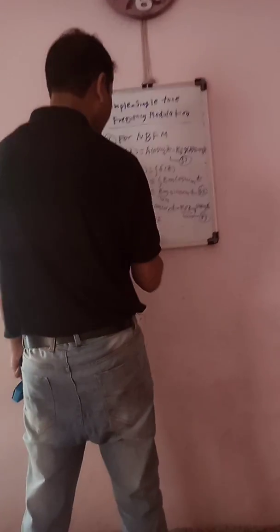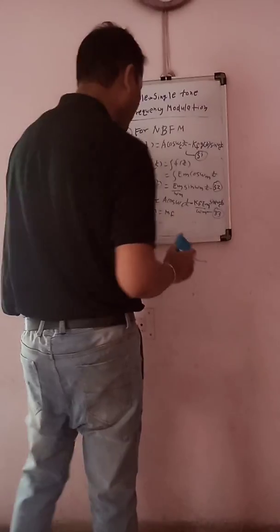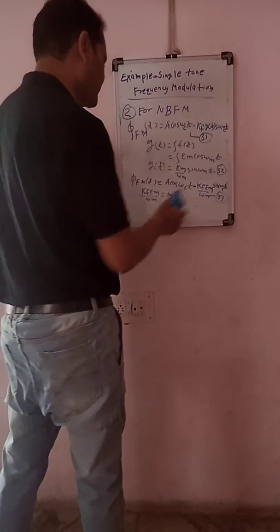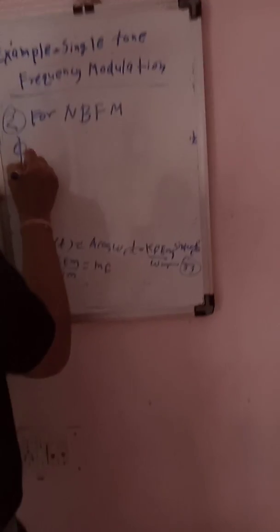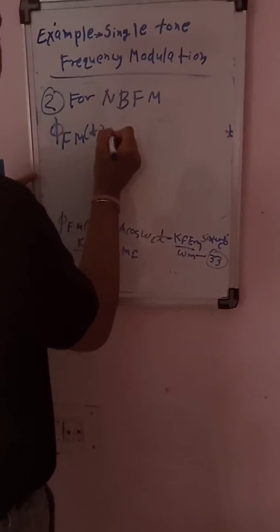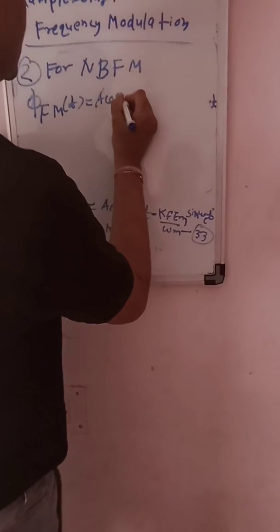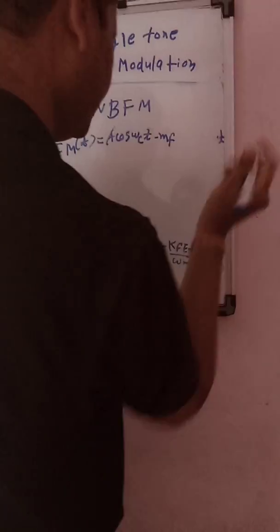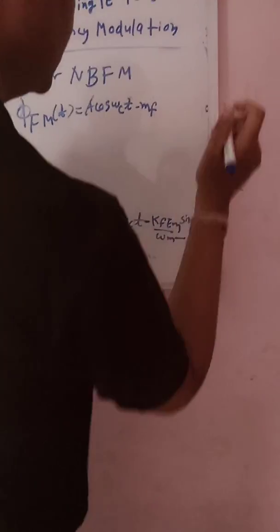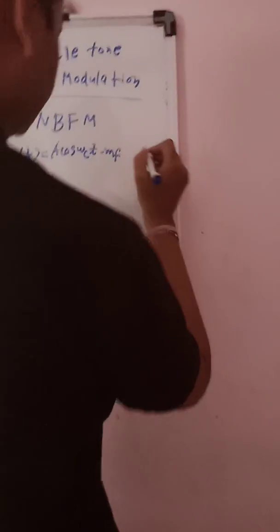We know that the value of MF is equal to kf Em upon omega m. So in place of kf Em upon omega m, I will write MF. Now this is the final expression for NBFM, that is psi FM t is equal to A cos omega ct minus MF sin omega ct.